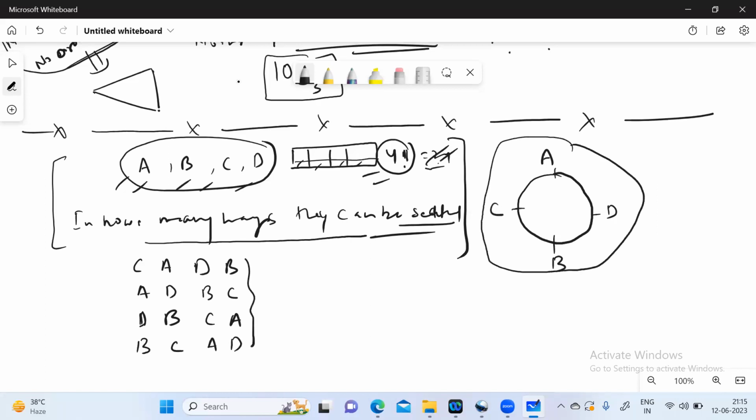For all these 4 linear arrangements, there is only one cyclic arrangement. Are you getting my point?